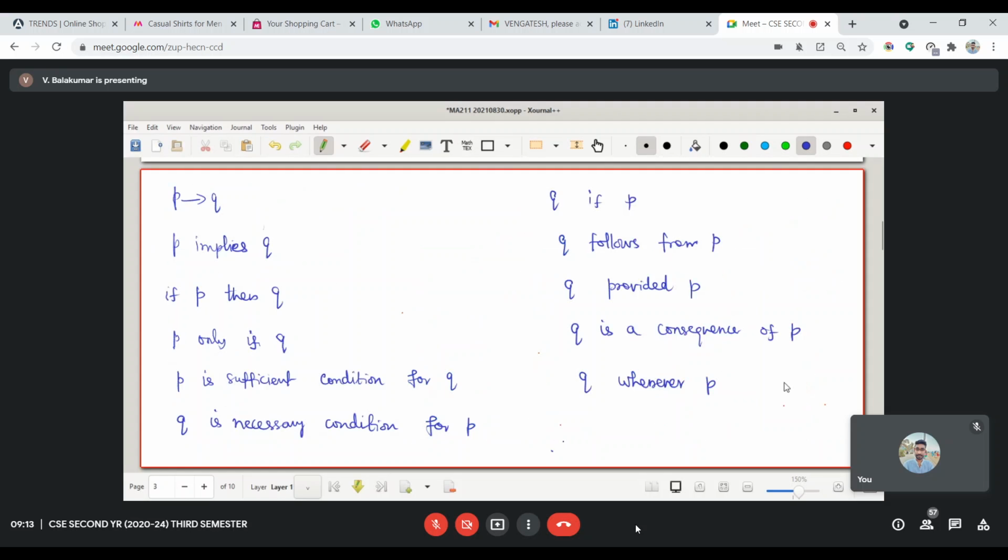Now, this implication can be written in various ways. That's what I have listed here. P implies Q. If P, then Q. These are various forms of writing the same P implies Q.